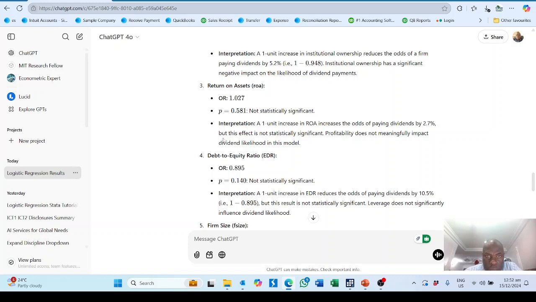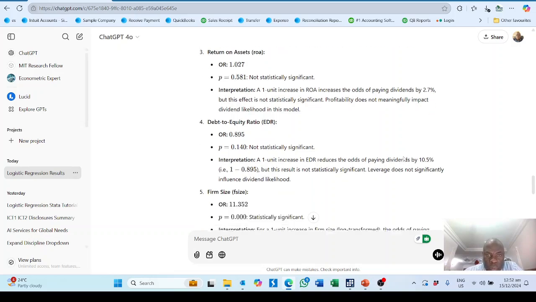But this effect is not statistically significant. Profitability does not meaningfully impact dividend likelihood in this model.